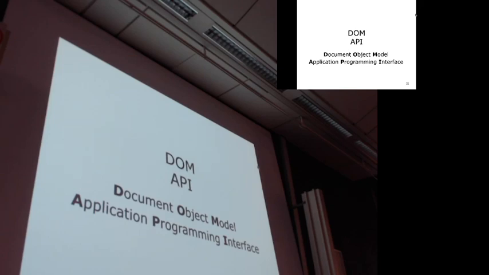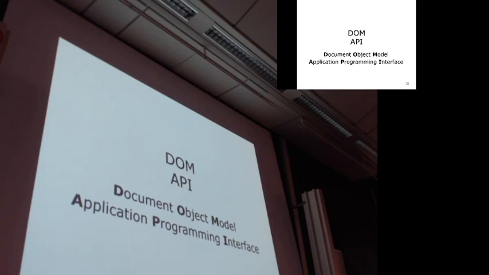Well, the perspective of the standard, the document object model standard, is that you have objects, which are nodes in your tree, right? So the HTML document can be seen as a tree, where every node in the tree is an object, and for each object there is this application programmer's interface, the API.